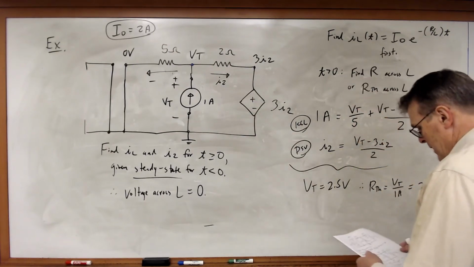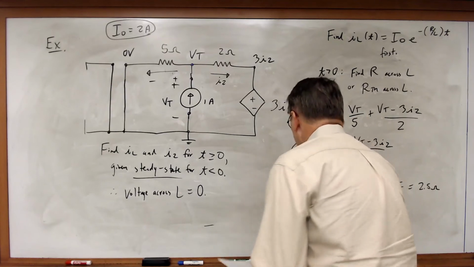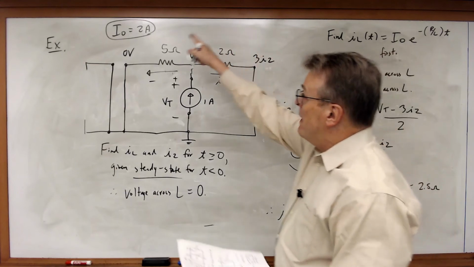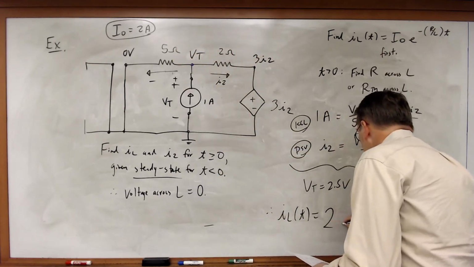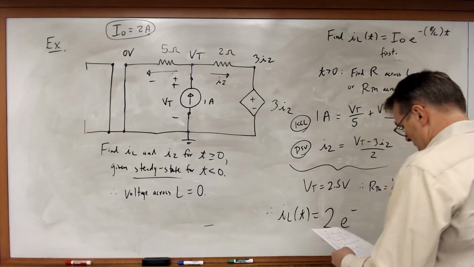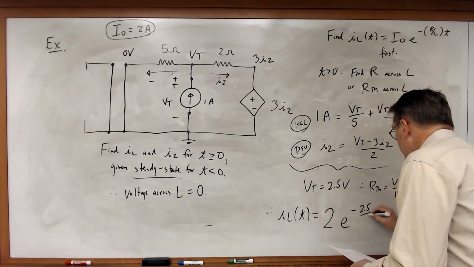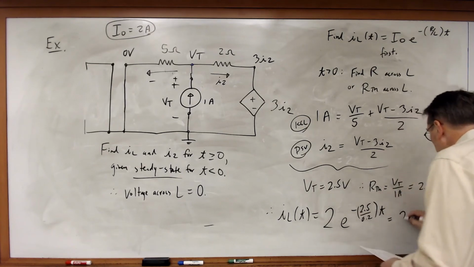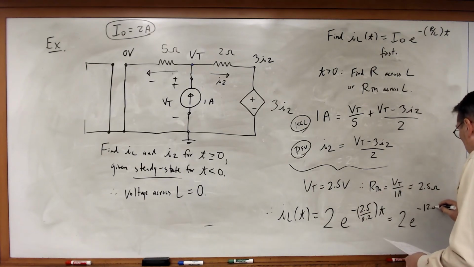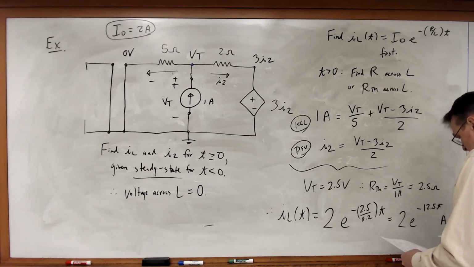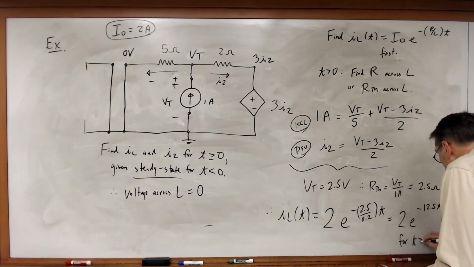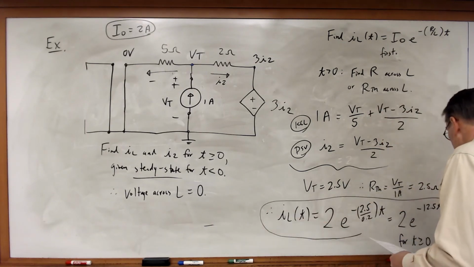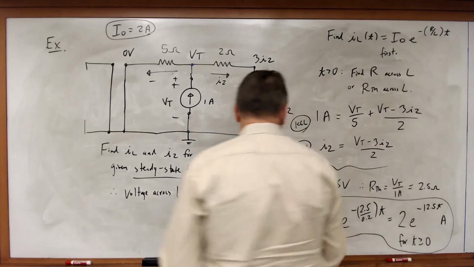And so therefore, in this case, IL of t will be equal to my initial condition, 2 times e to the minus R over L, 2.5 divided by 0.2 times t, which is equal to 2 times e to the minus 12.5 t amps for t greater than or equal to 0. So there's my equation for IL.